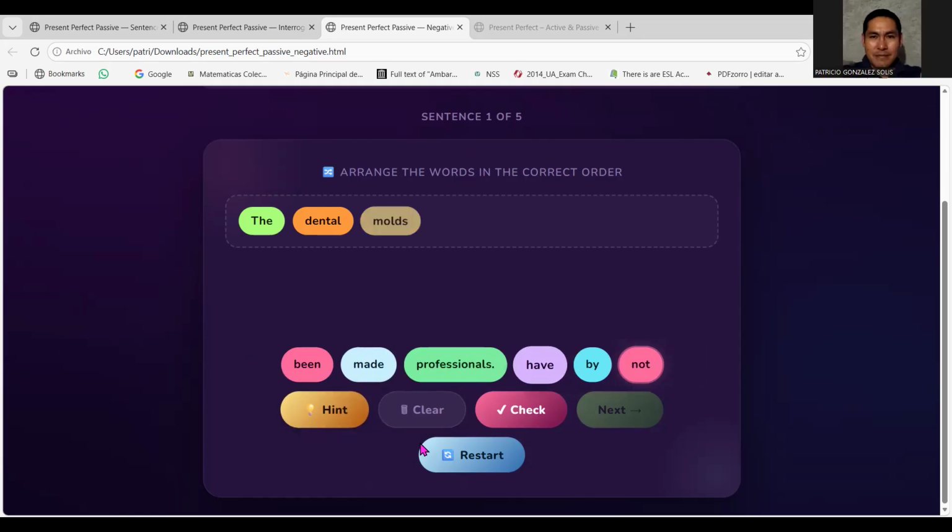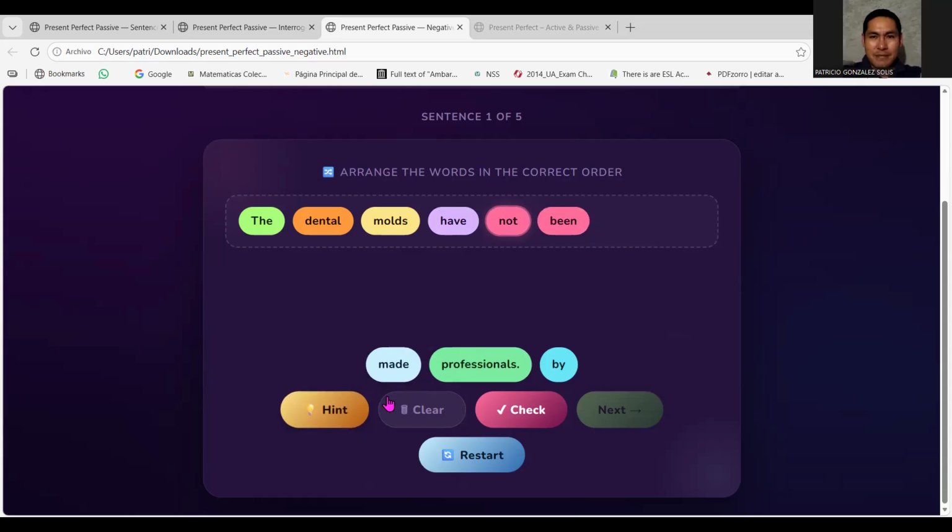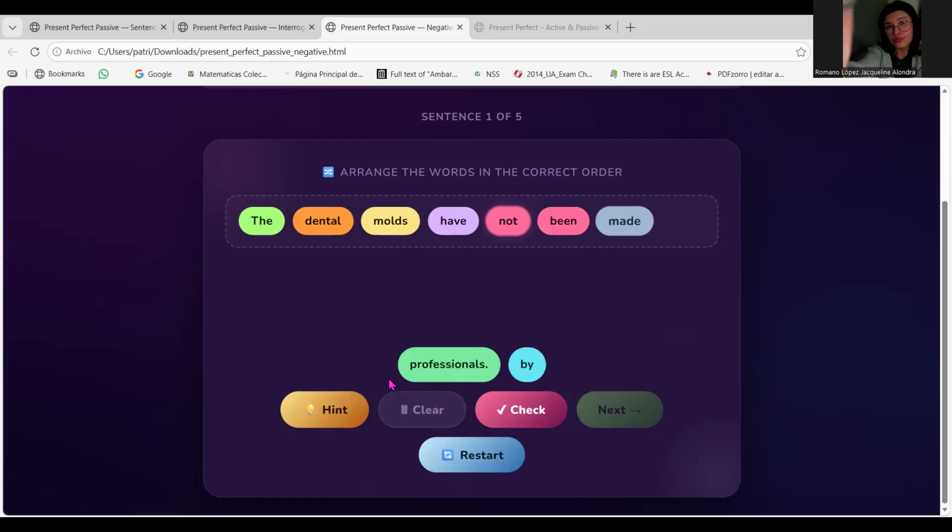Molds have not been made by professionals.